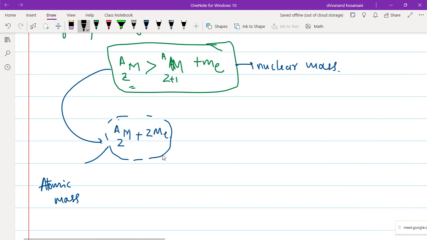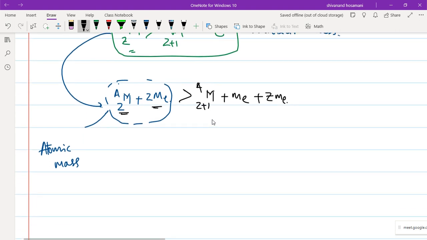This part is only for the nucleus. If we add electrons along with it, we get atomic mass. This should be greater than the mass of the product, that is Z+1 with A, plus the electron already there, so again adding Z times me electrons gives the product atomic mass. Therefore, I can rewrite: atomic mass of the reactant should be greater than atomic mass of the product.